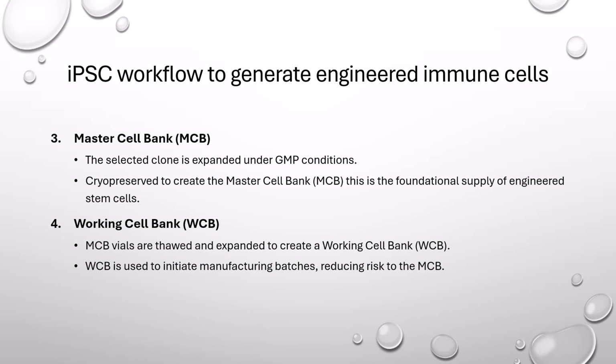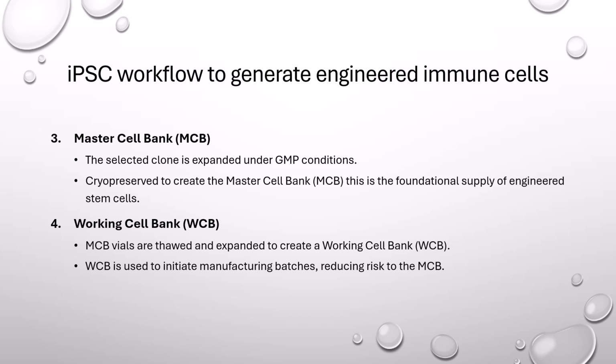You can then generate your master cell bank. And this master cell bank is a bank of cells that have been fully edited, fully characterized, and genetically stable. And from your master cell bank, you create your working cell banks. These are smaller batches, and they're used for manufacturing or expanding your therapeutic product.